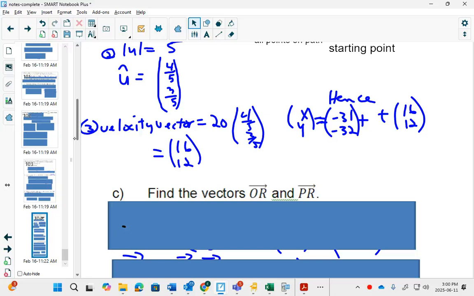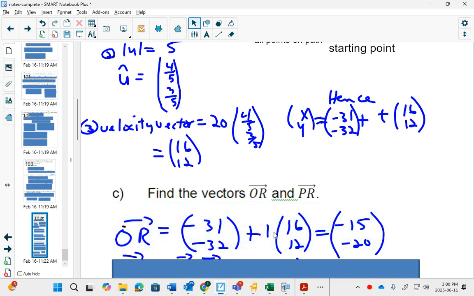So it started at P, and in 1 hour it gets to R. So we could find OR by just plugging in 1 for t and get (-15, -20).